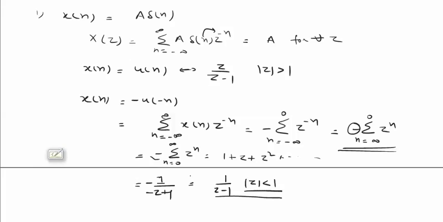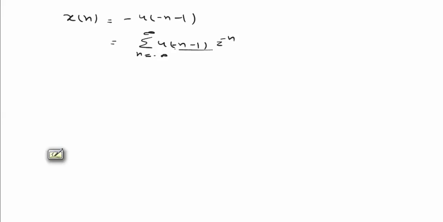If we modify the question by some amount, x n is minus u of minus n minus 1. Then what is the Z transform of this? It is minus n minus 1, z of minus n. This term is responsible for the limit only. Our limit is from minus 1 to minus infinite, with a 1 minus ahead, z minus 1.